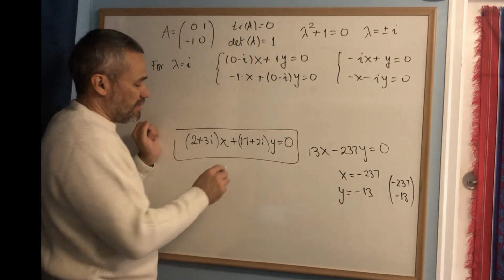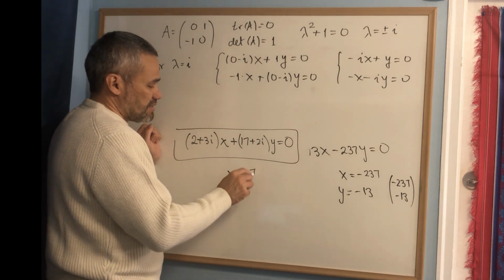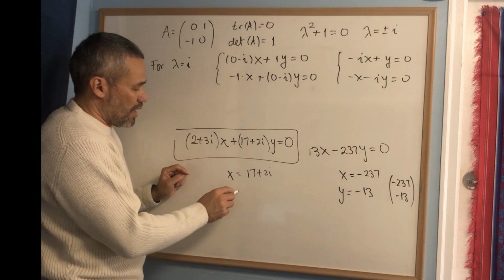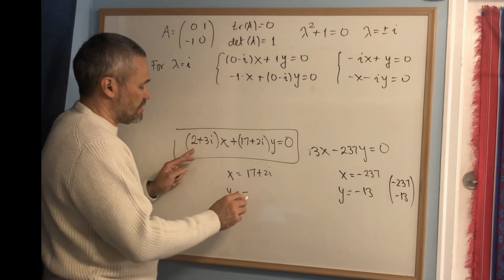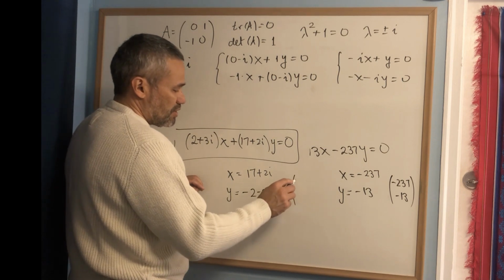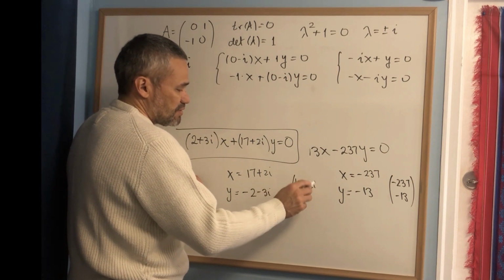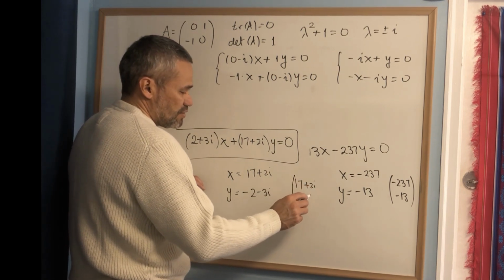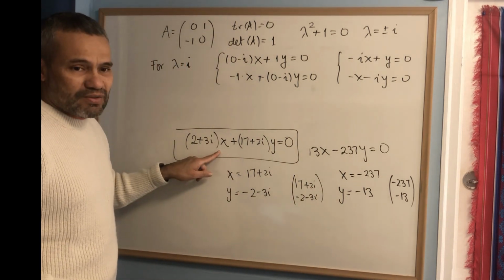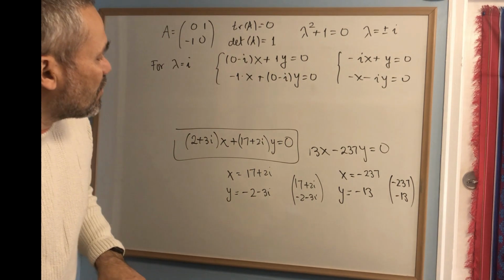We can make x equal 17 minus 2i, and we can make y equal the opposite of the coefficient of x, negative 2 minus 3i. That means that the point (17 minus 2i, negative 2 minus 3i) is a solution of this equation. That will always work.